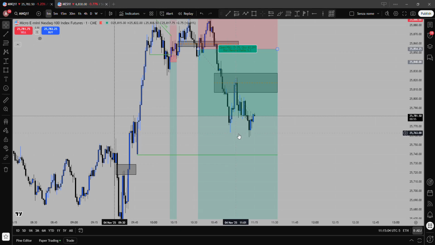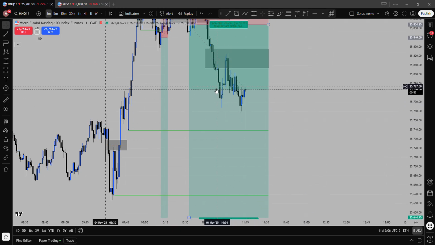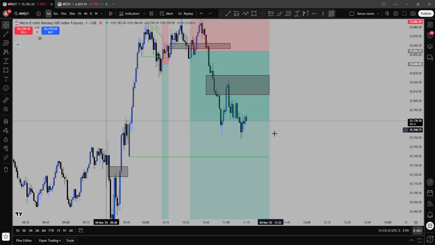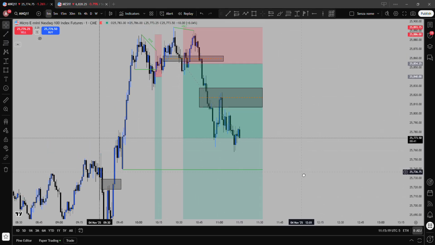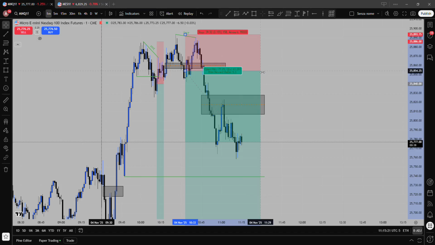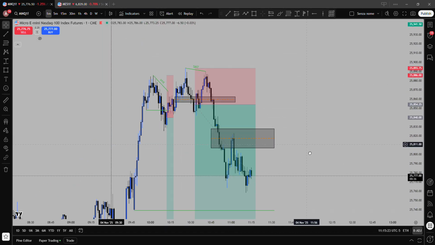I closed it because of this SMT. We were getting really choppy here, so I didn't like that. We also didn't close below this low here. So yeah, I wasn't risking all that.